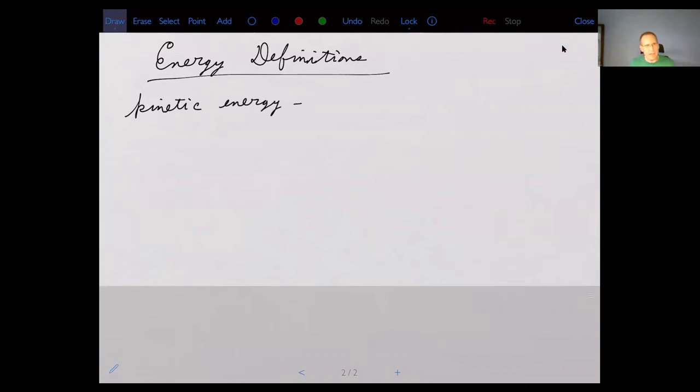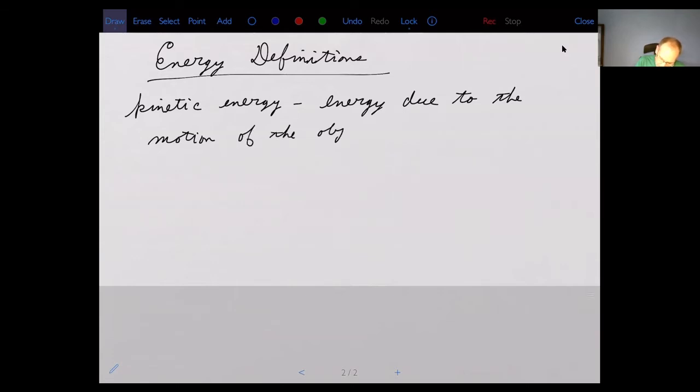This is really the translational kinetic energy. We're not going to talk about rotation yet, so just translational kinetic energy. And it's energy due to the motion of the object.